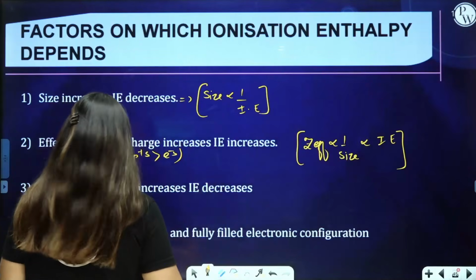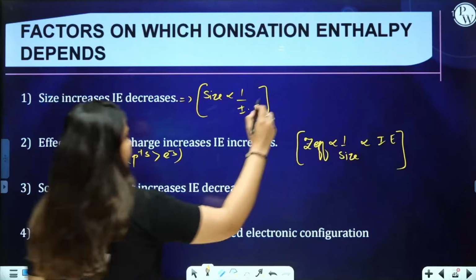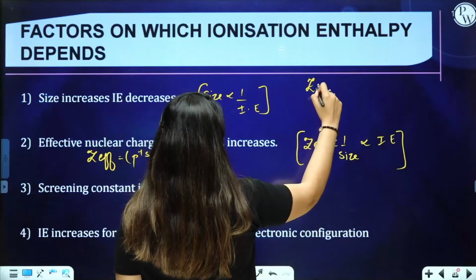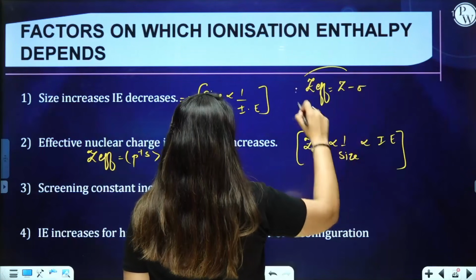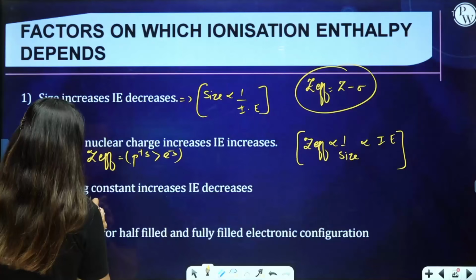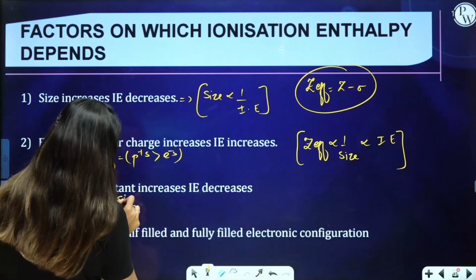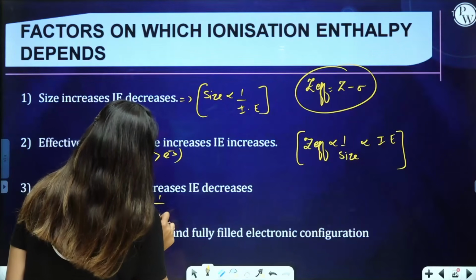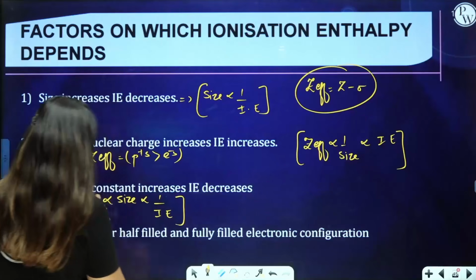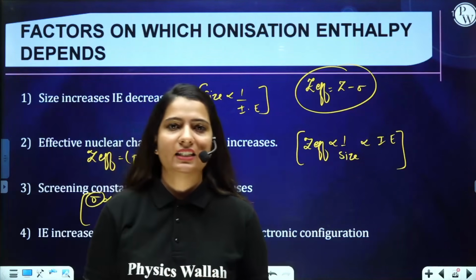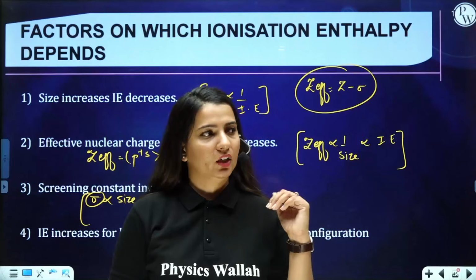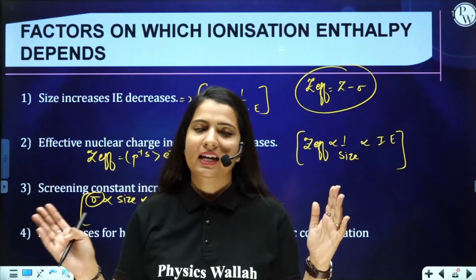Screening constant increases, ionization energy decreases. You know what is that? You know there is an equation, Z effective is equal to Z minus sigma. So they are talking about this sigma. Greater the sigma, greater the size, and less is the ionization enthalpy. Do not forget this thing, because whenever sigma is increased, the electrons between nucleus and the outermost shell increases.